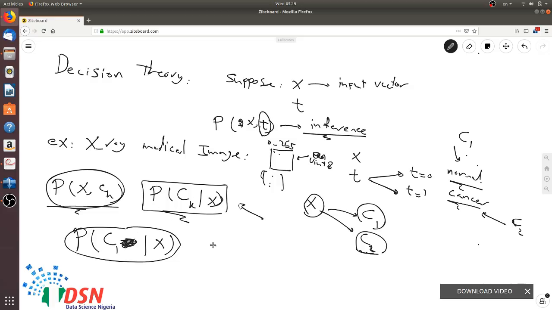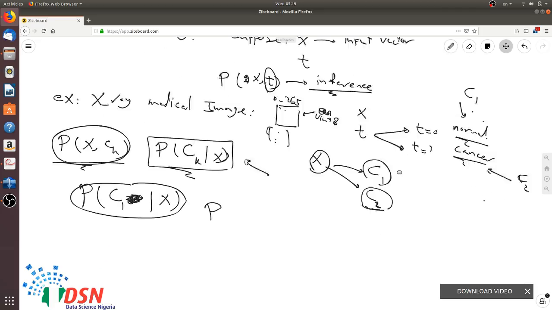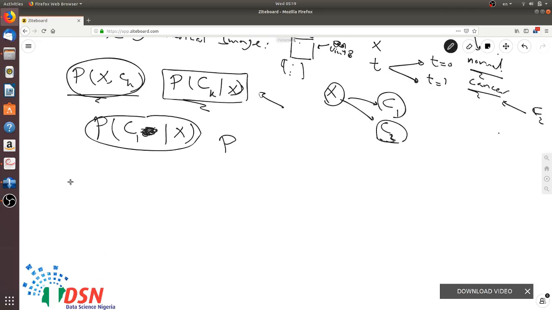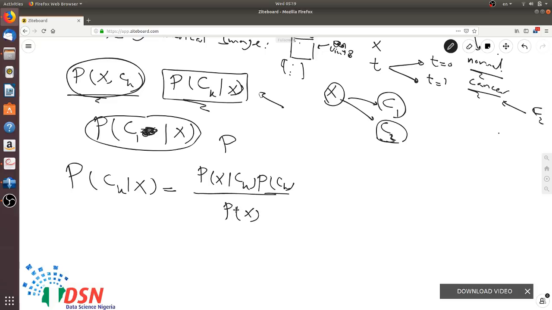And for obtaining this, we could use Bayes' theorem. If you remember, we could write this as P of x given Ck times the probability of Ck over P of x.